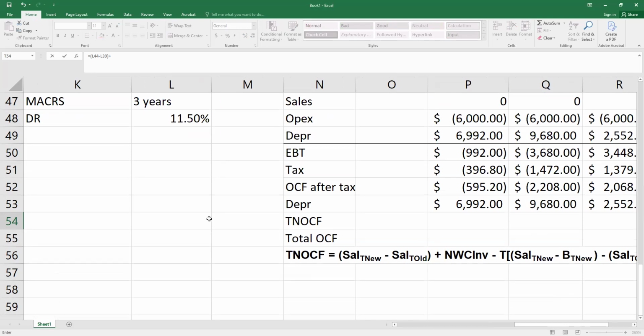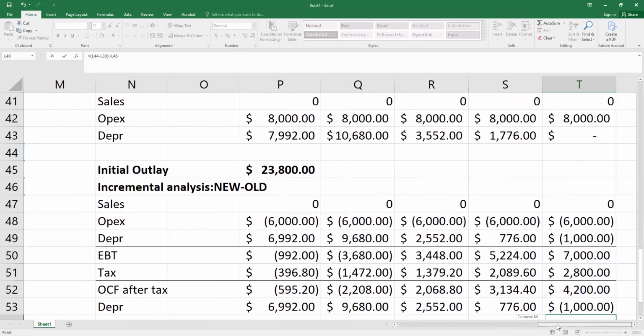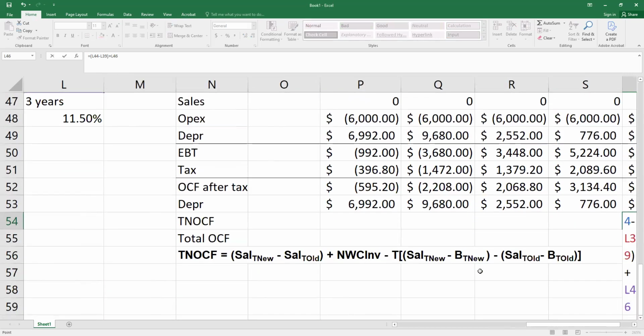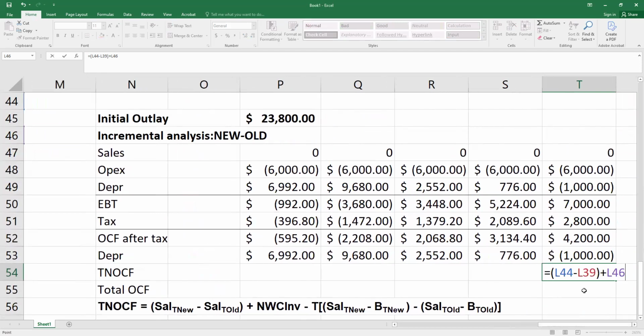Plus net working capital. Are you all with me, guys? Then I put the tax, 40% multiplied.